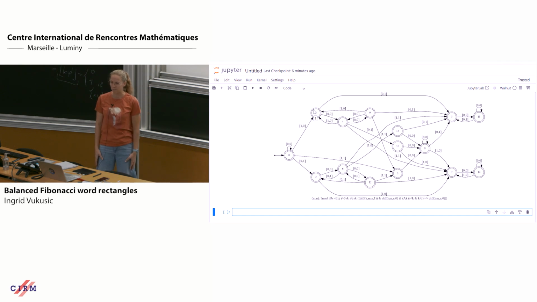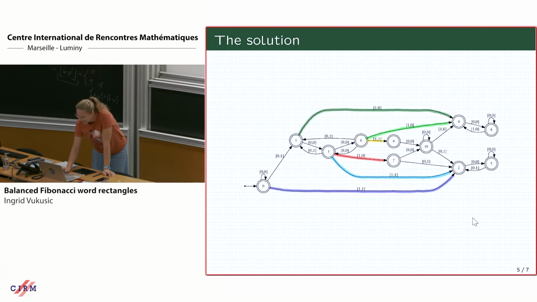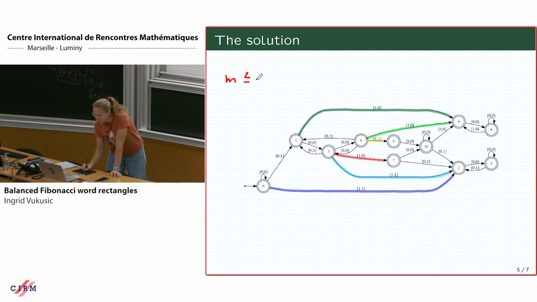Now, you look a bit unhappy because this is not a very English answer, but I actually sat down and tried to figure out what this means in English. And to do that, I restricted the automaton just to m less or equal to n. Then it becomes smaller.